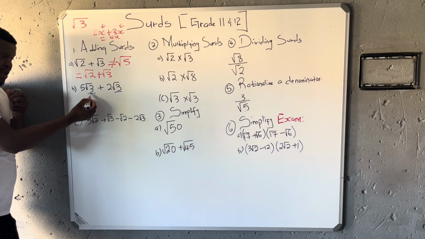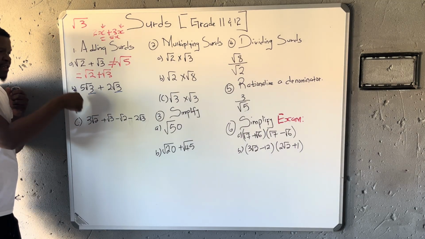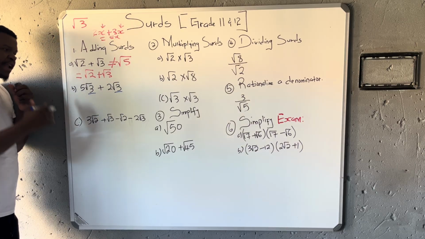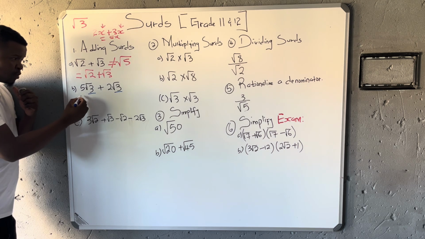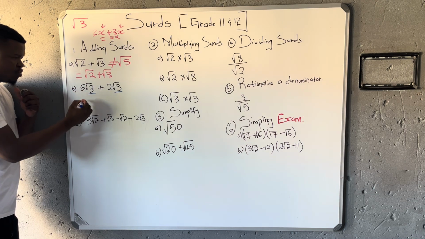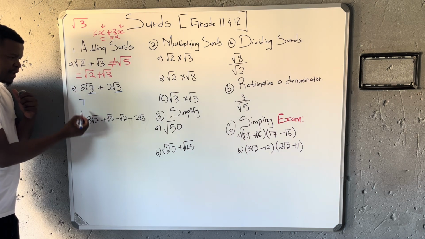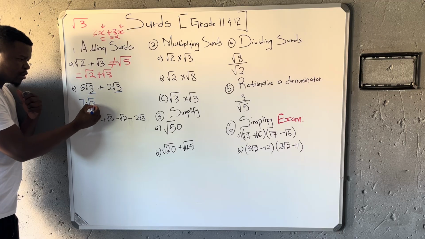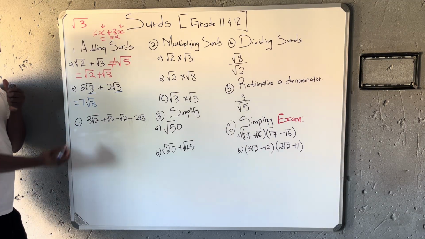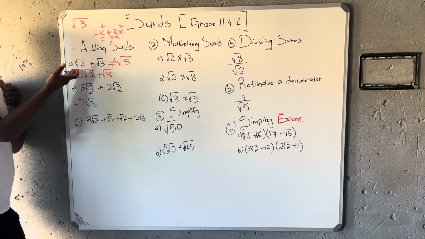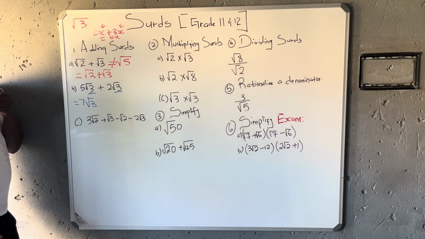Because they are similar, whatever is inside the square root is similar. Now, you are welcome to add them together. So, this is where I'm going to say 5 plus 2. Then I'll say it's 7. 7 what? 7 square root of 3. These are like terms, but what we applied here is not applicable at A.